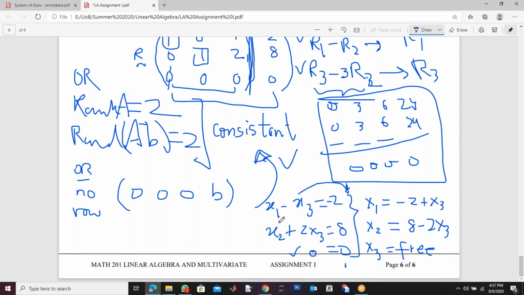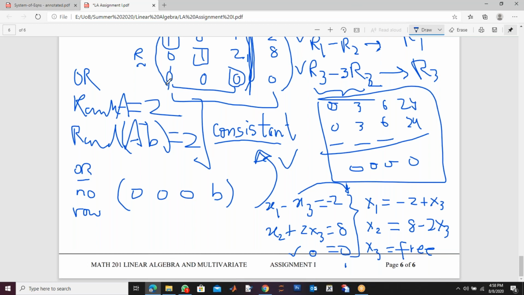Okay, if your system is not consistent, I can say that the system has no solution. If you do not get a free variable, let's say you get a pivot position here as well, then you will get x3 fixed as well. So x1, x2, x3 will be fixed, so you will get a unique solution, just one solution.